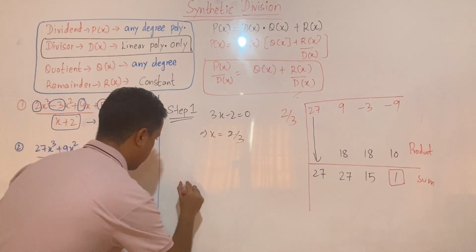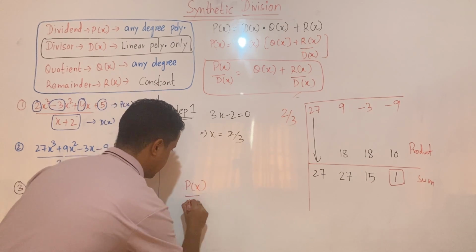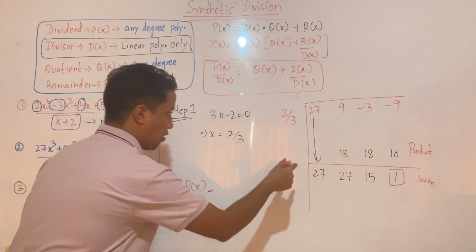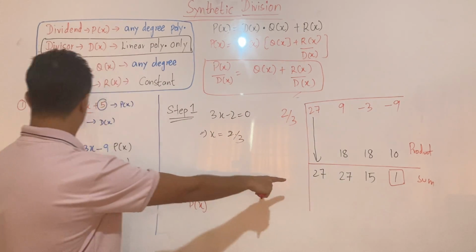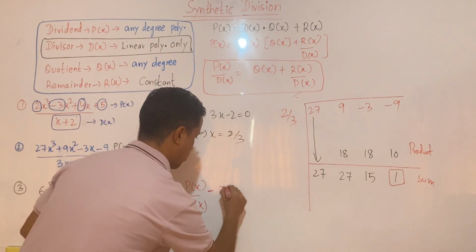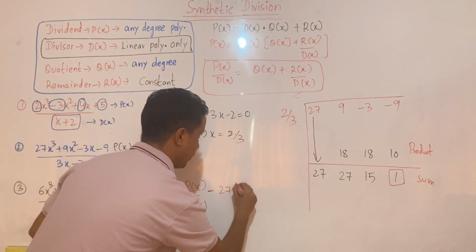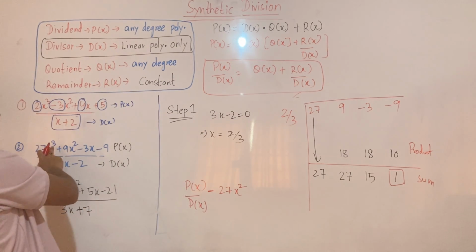It means our px divided by dx would be 27x squared, because it is 1 degree lower, right?